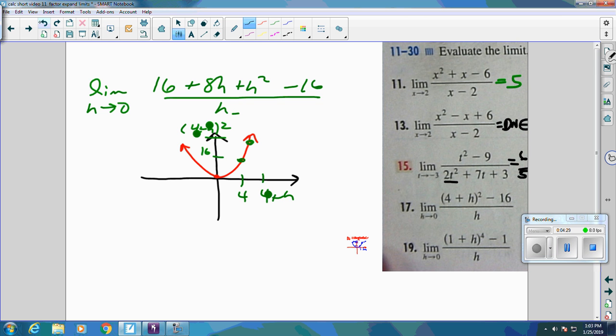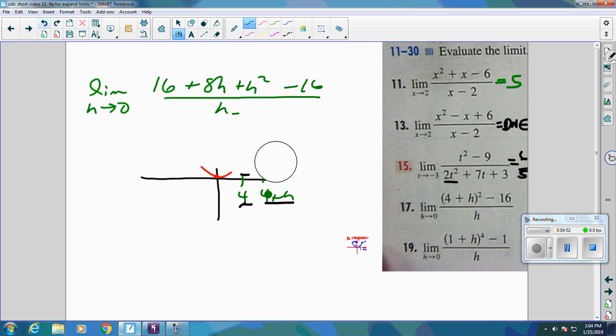And everyone, I did a graph of this because hopefully you recognize that this is x squared at x equals 4. And if I do that, what we're really doing here is we are pulling this point back to this point. We're taking this secant line between 4 and 4 plus h, and we're making h go to 0, all right?